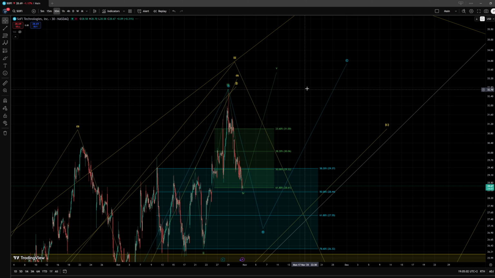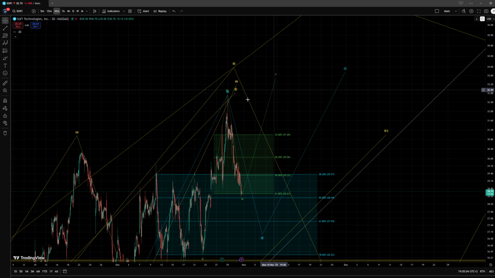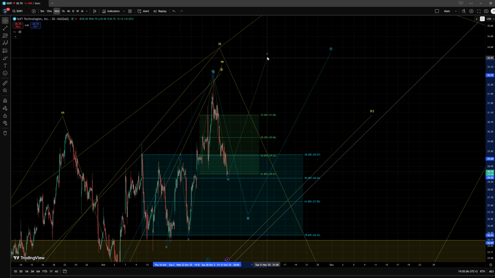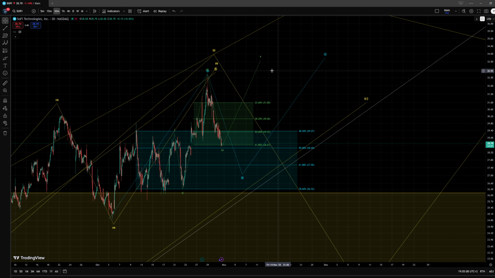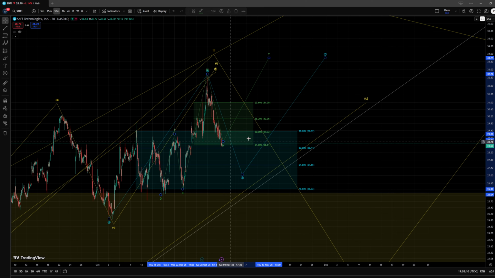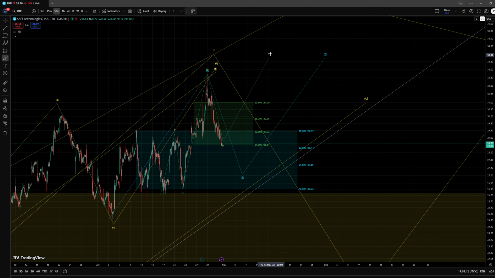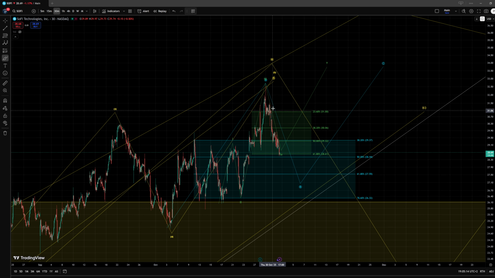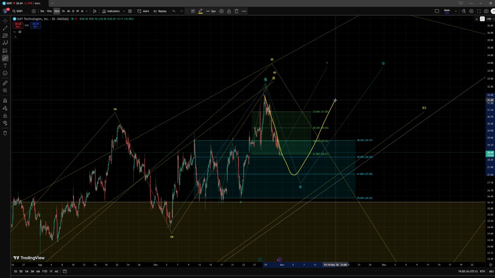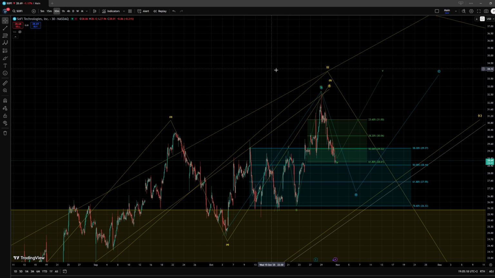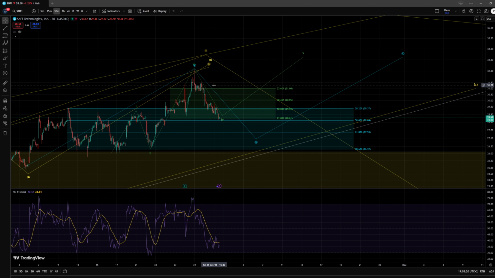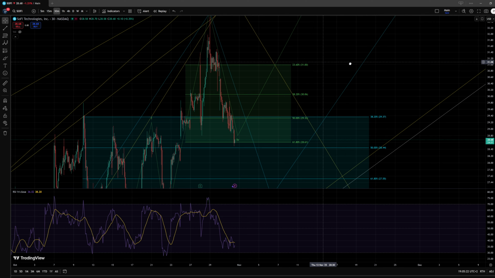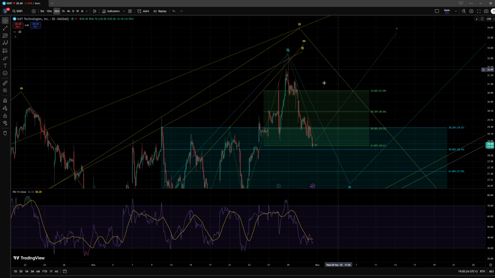There still is a chance within the blue scenario, but that one again is probably even less likely of a general scenario than what we have here in green, where we are at the bottom of the support zone. And we may still find a relief rally afterwards, but who knows if we will actually manage to find a more significant additional higher high.